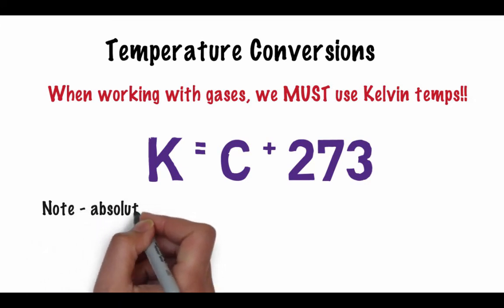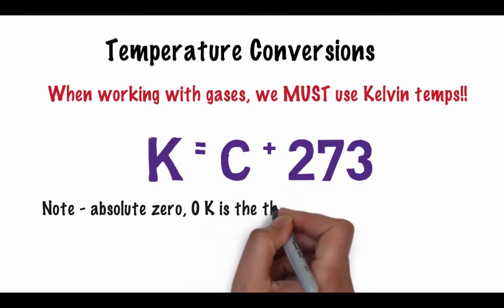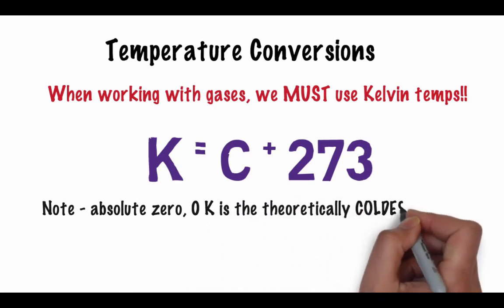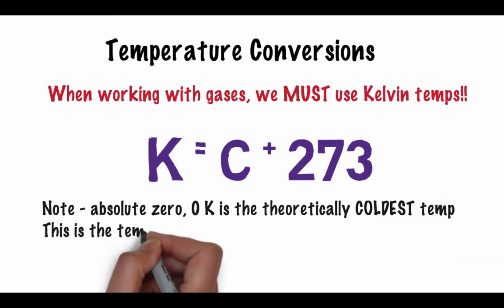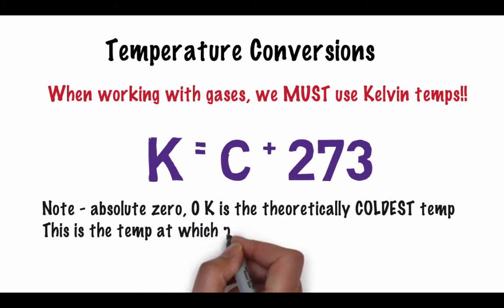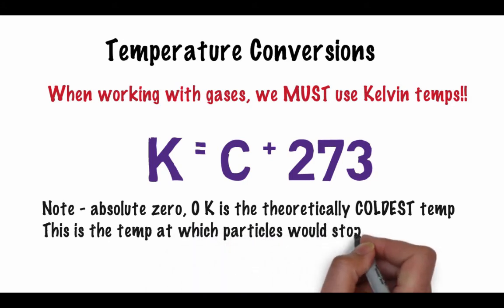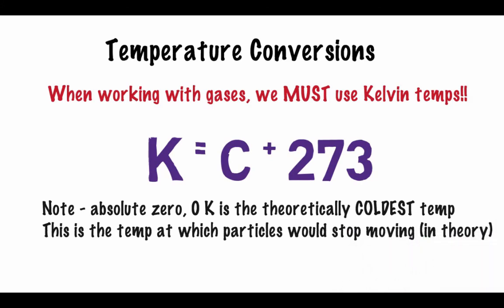Note, absolute zero is 0 Kelvin, and this is theoretically the coldest possible temperature. This is also the temperature at which, theoretically, gas particles would cease to move. In fact, all particles would stop moving. Now, of course, that's in theory.